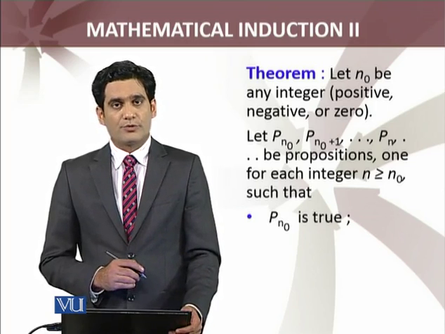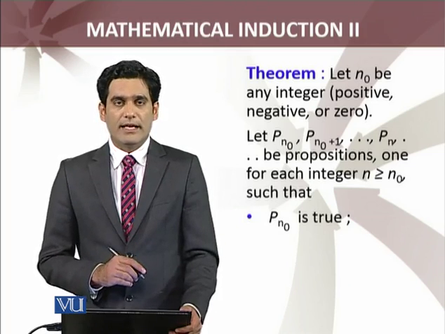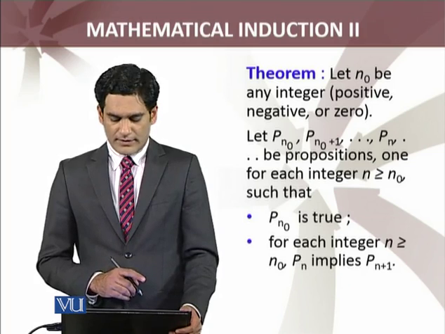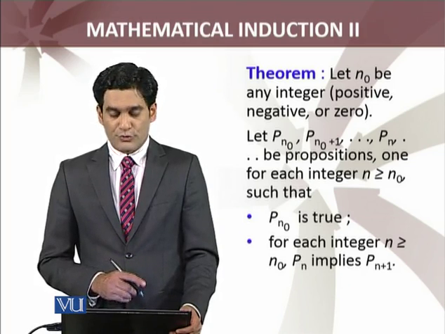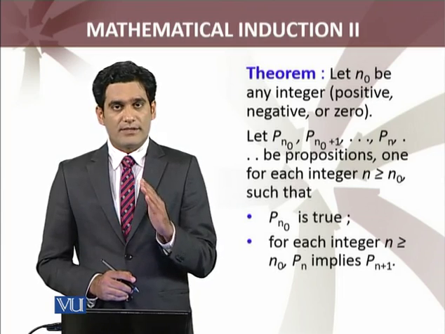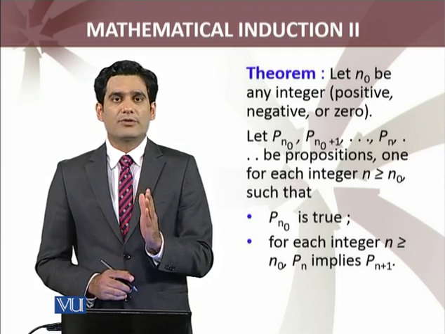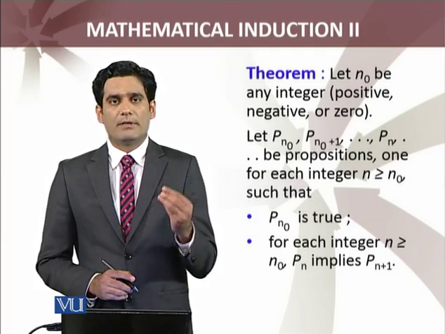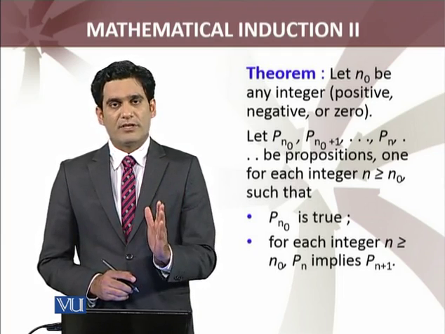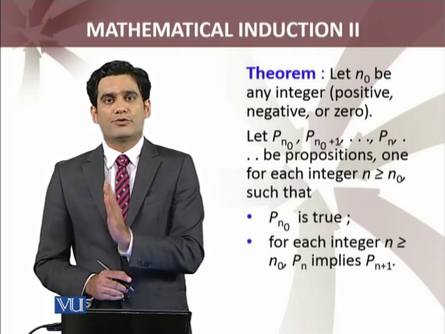P n naught is true, where 1 is replaced by n naught in the first statement, and the inductive step is the same. P n is true, of course, where n is greater than n naught, the integer from where your proposition starts, natural or any integer. For example, if your first statement starts from -10, then -9, -8, and so on and so forth.